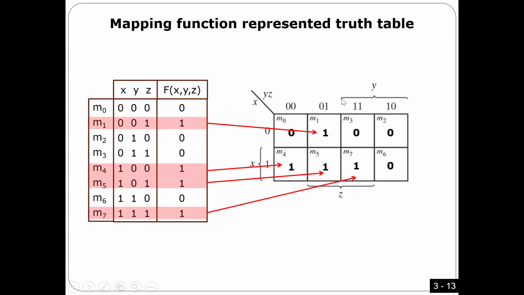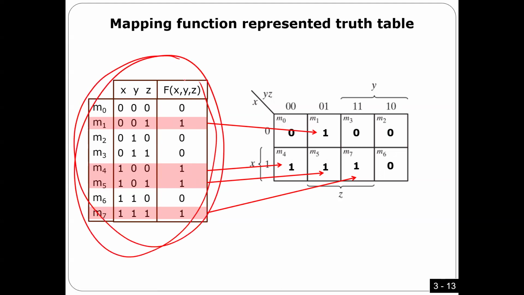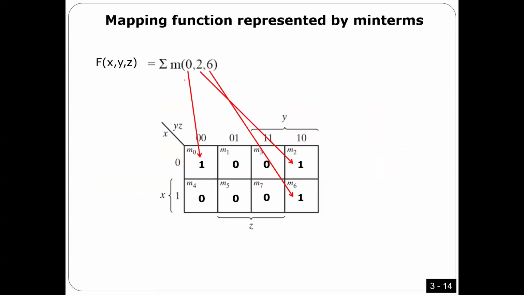Is that okay? Again, as I said before, I can give you the function in the format of a truth table. I can give you the function in the format of sum of products this way, with minterms. You already know from what I explained in this course, if I define the function this way, these are the locations of ones.